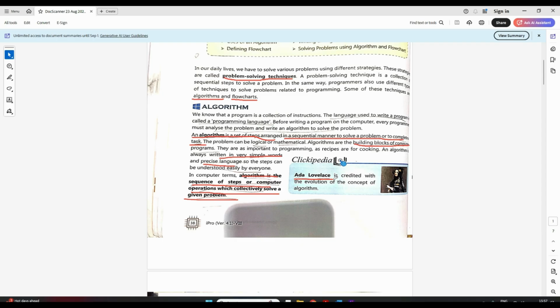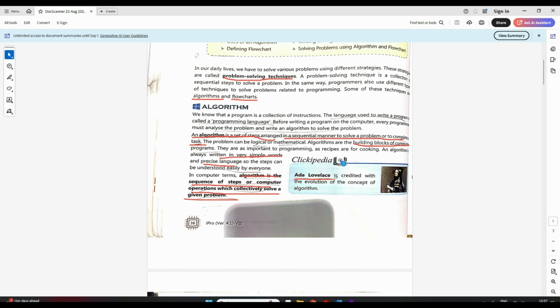Similarly, even when you make a cake, we follow a recipe. A recipe is nothing but an algorithm that we follow. When you're making a cake, first you take all the inputs, your ingredients. Then mixing all this in proper quantity is the processing that you're doing.